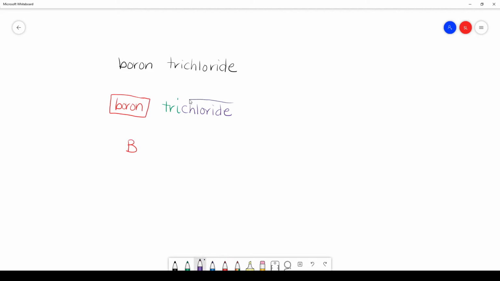Element 2, root plus ide is chloride. So chlor is for chlorine. That has the symbol Cl. And our prefix 2 of tri gives us a subscript of 3. So boron trichloride looks like BCl3. Again, if there's no prefix, then you just leave off the subscript. There is no subscript.